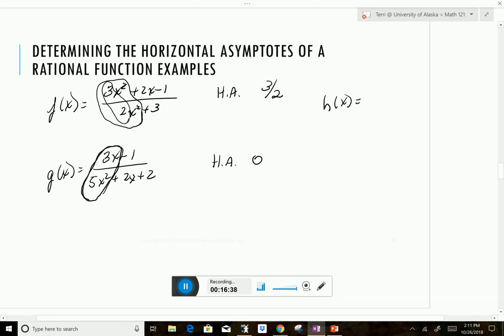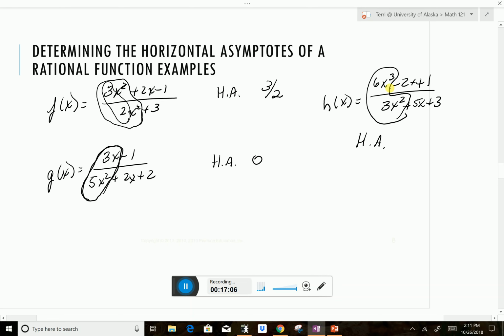What if I have 6x cubed minus 2x plus 1 over 3x squared plus 5x plus 3? What's the horizontal asymptote to this thing? Again, what dominates everything? These two. These two will dominate everything once x gets really big.